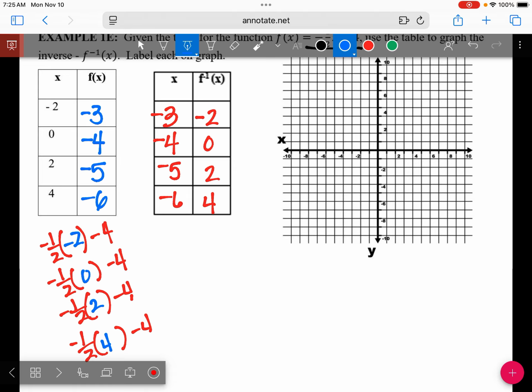So we got negative 2, down 3, 1, 2, 3, put a point. We're just gonna connect that out. Go ahead and label that.